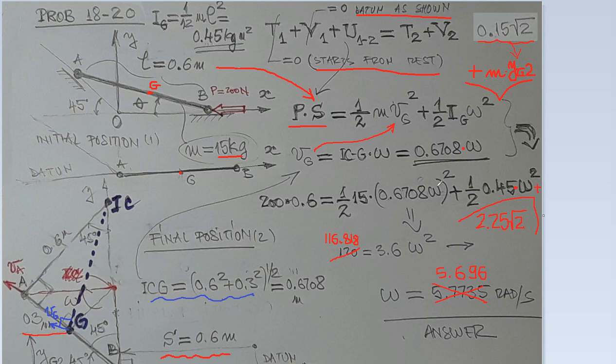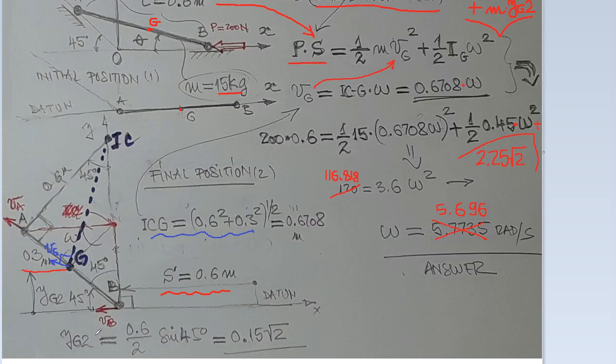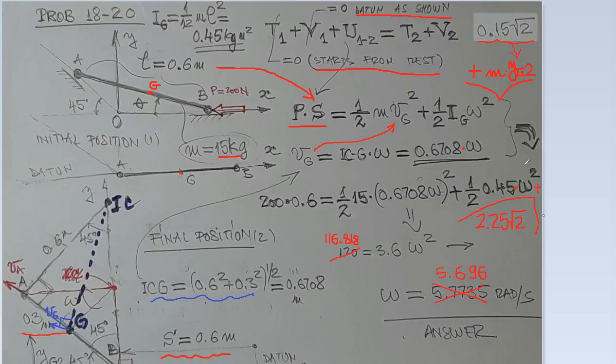So I have an equation in omega squared, and of course there's the one that I was missing. So the final potential energy is mass 15 kilograms times the height from the datum to where the center of mass of the rod is in the final position. Okay, so this piece 15 times 0.15 times square root of 2 is 2.25 square root of 2.